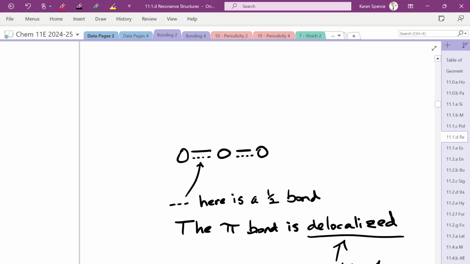Now, where do I draw my lone pairs? I have one lone pair here. Where do I draw the rest of them? Because one of them has 2 and one of them has 3. Where do I put the 2 and where do I put the 3?